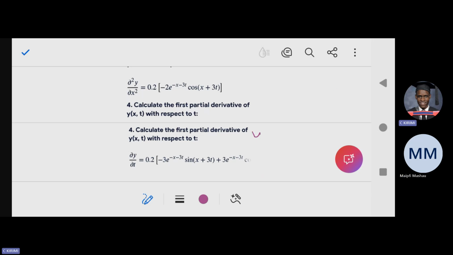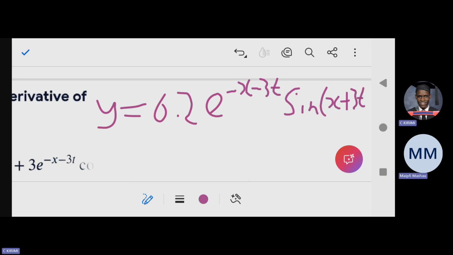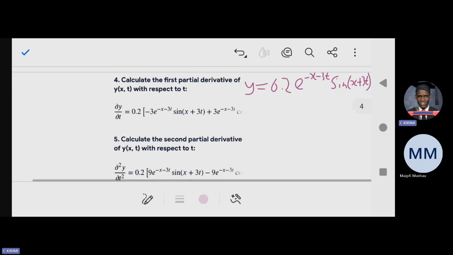So our y will be equals to 0.2 e to the power minus x minus 3t multiplied by sine of x plus 3t. This is our equation. All right. So let's differentiate it while we are looking at it.